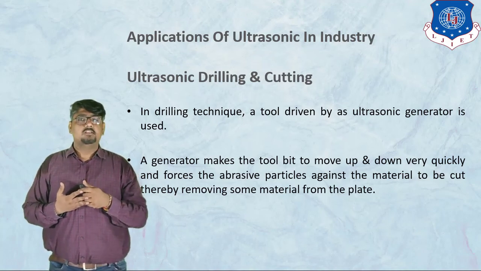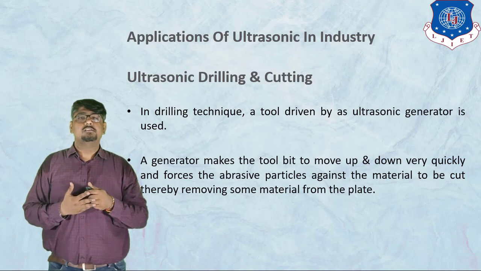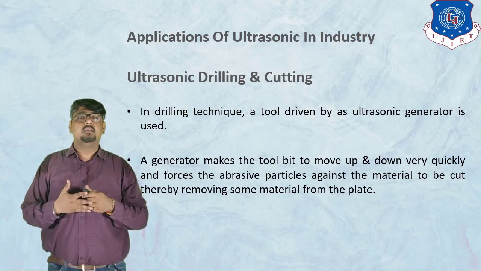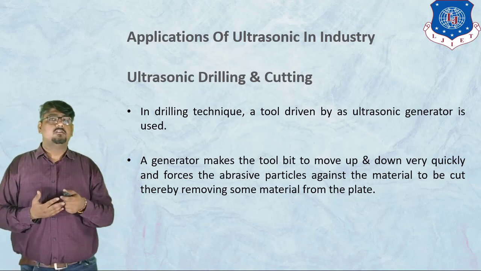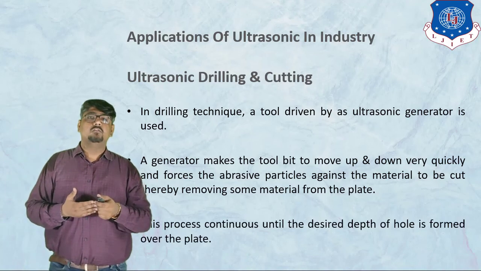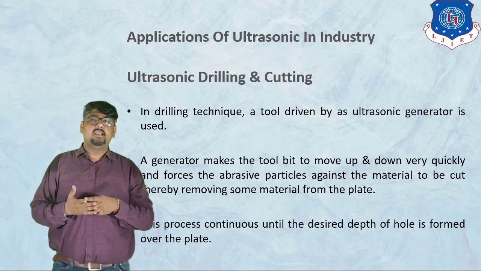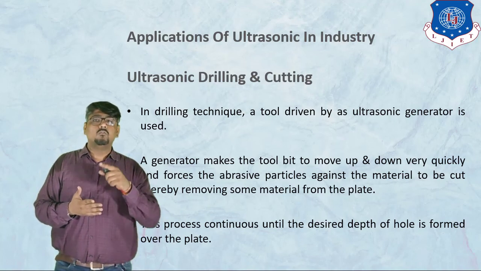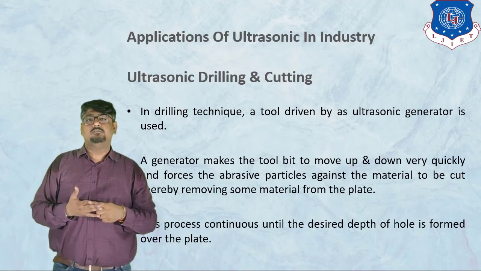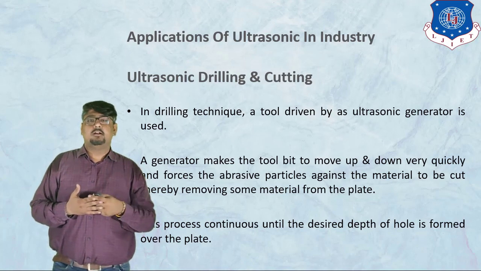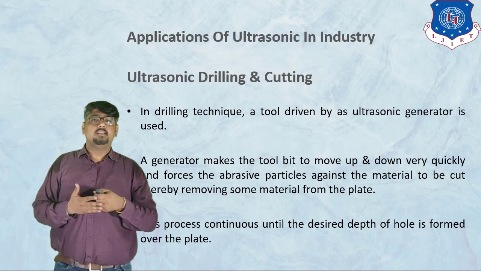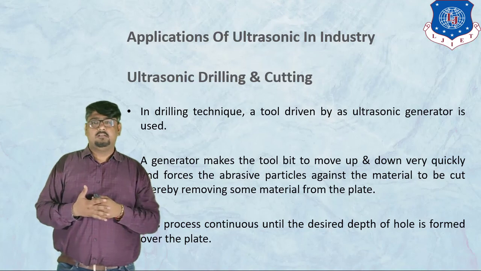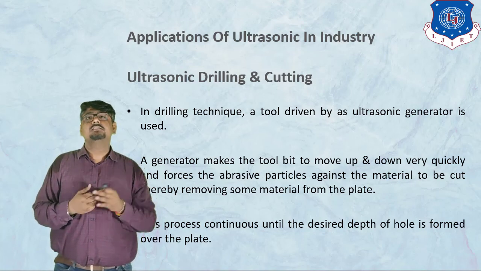In drilling and cutting you can use the same technique with abrasives, and an ultrasonic pulse generator is used to supply very high frequency to move these abrasive materials up and down, thereby providing a cutting action. While they rub against each other, they cut into the material, and thereby the material is thrown away.